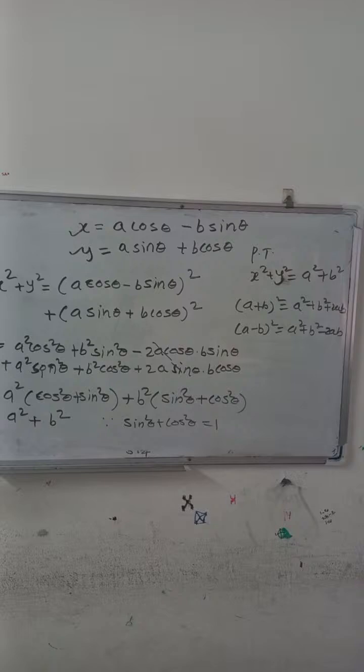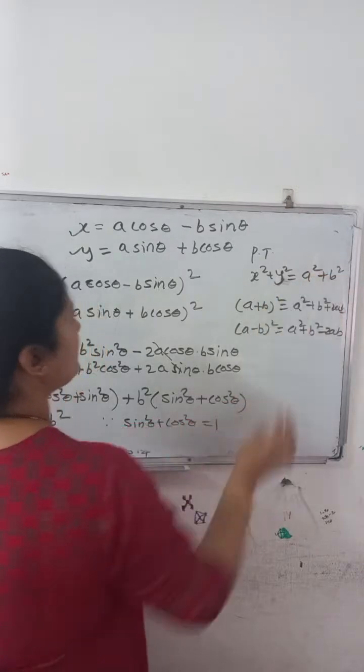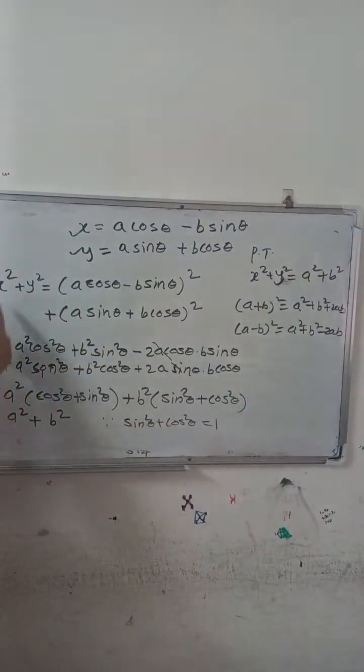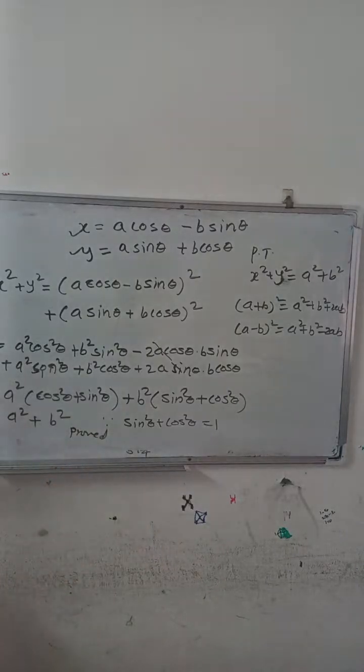I am just following their steps because they are asking to prove that x square plus y square is equal to a square plus b square. So here I took x square plus y square and I got a square plus b square, and hence it is proved. Getting this? So keep calm while solving the trigonometric problems.